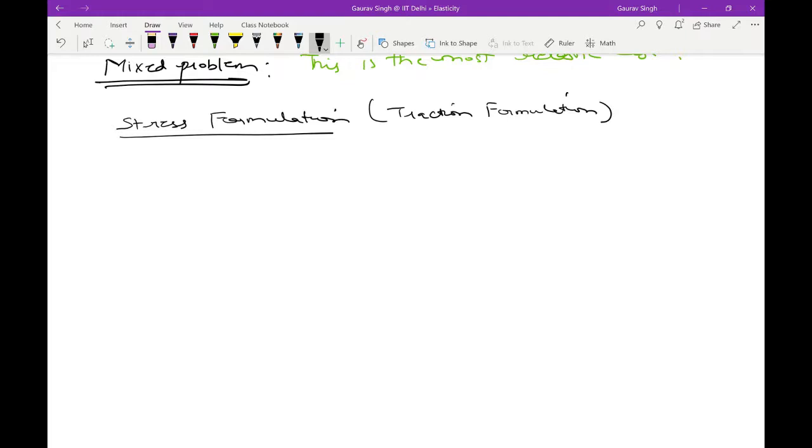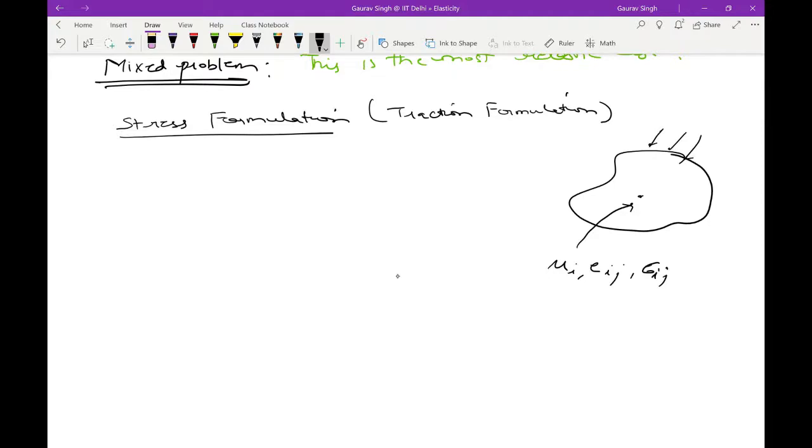Okay, now the motivation is this. You have this elastic solid body, and at any point in this, the objective is to find the displacement, strains and stresses, given that at the boundary the tractions are specified everywhere.